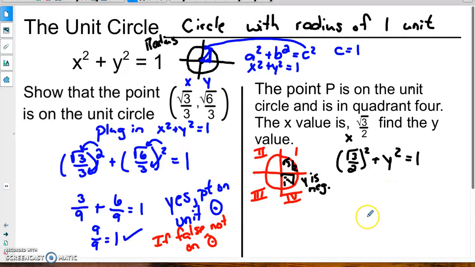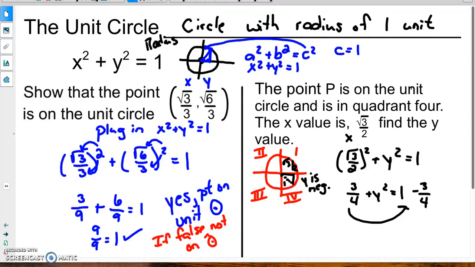All right, so we're going to do a little bit of math. That's okay, it's math class. We're going to square this. Radical 3 times radical 3 is radical 9. Square root of 9 is 3 over 4. 2 squared is 4. Plus y squared is 1. To solve, we subtract 3/4 over.